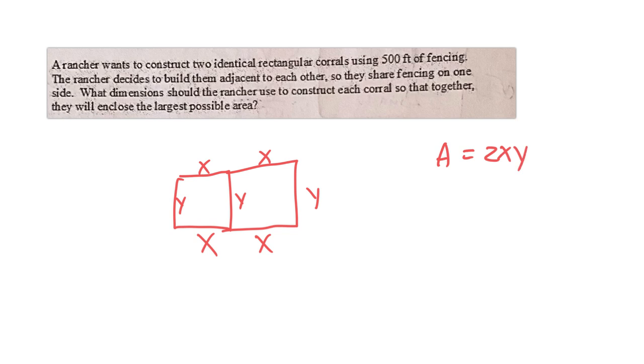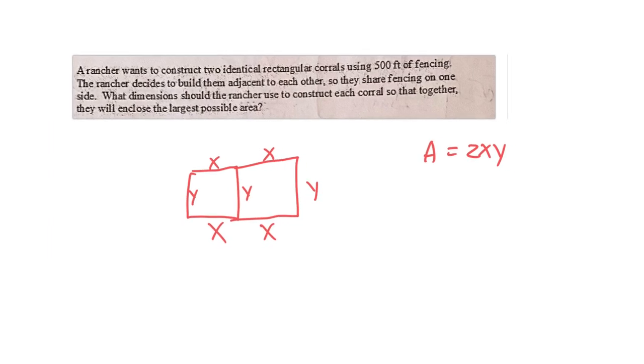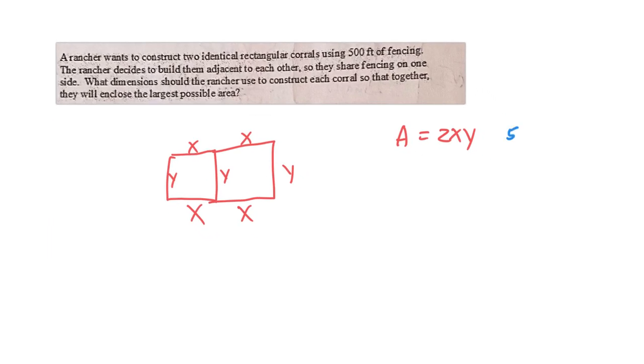And we also know that all the x's and y's, if you were to add it all up together, that's going to add up to 500 feet, right? So that would be another equation that we could take into account. We know that 500 is going to be, well, what would it be? It would be four total x's added together, and adding that to three y's, right?